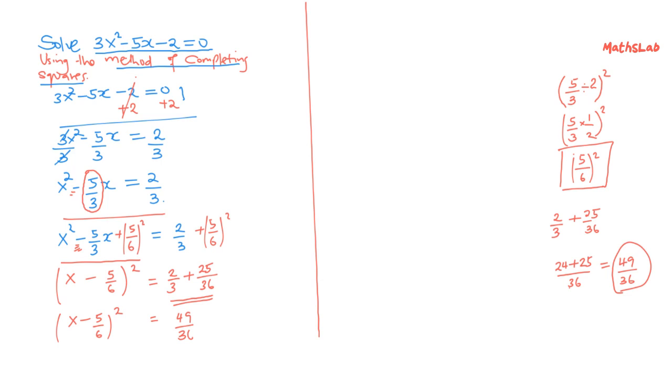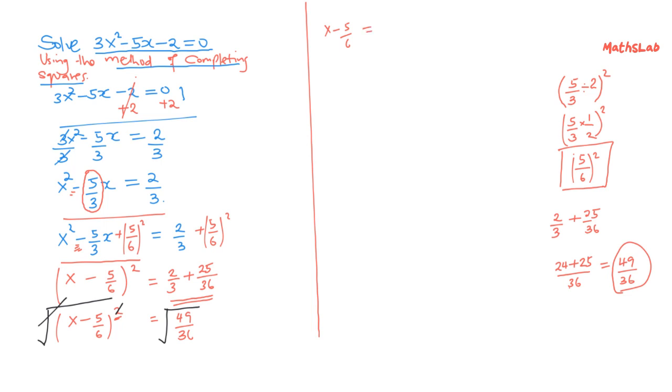We are going to try and get rid of this square sign, and to be able to achieve that, we are going to have to take the square root of both sides of the equation. So on the left hand side, we'd have the square root cancel the square sign. We are going to be left with x minus 5 out of 6.